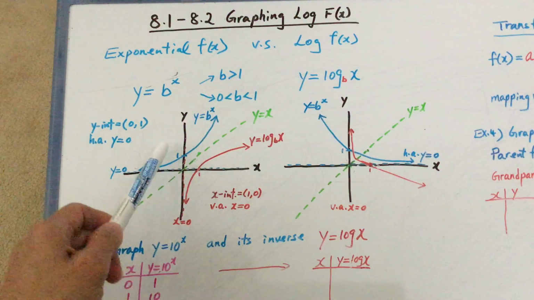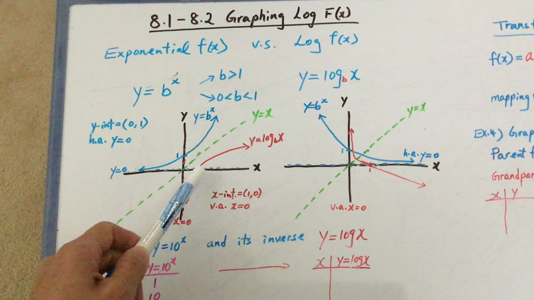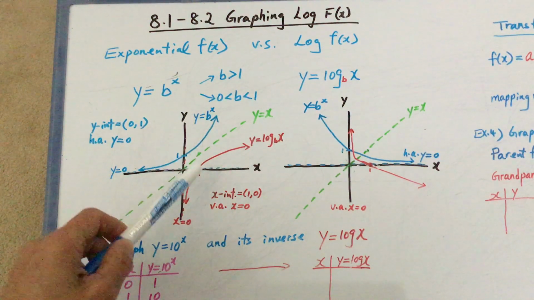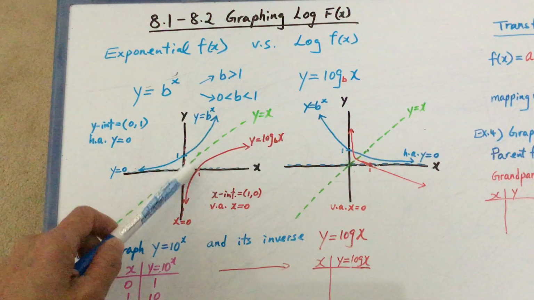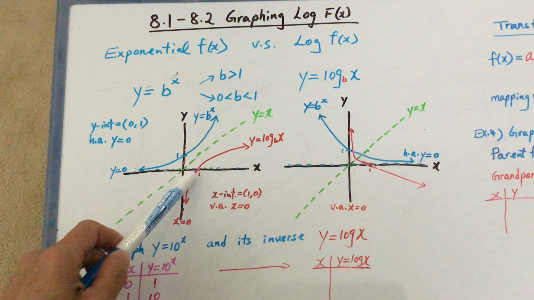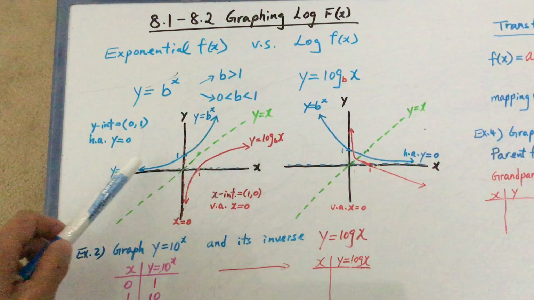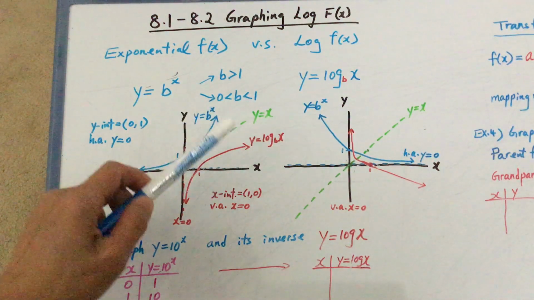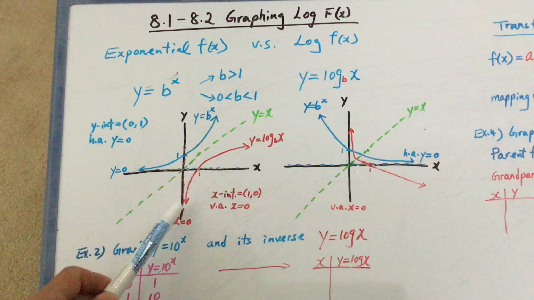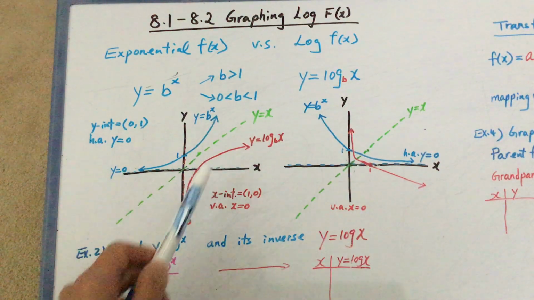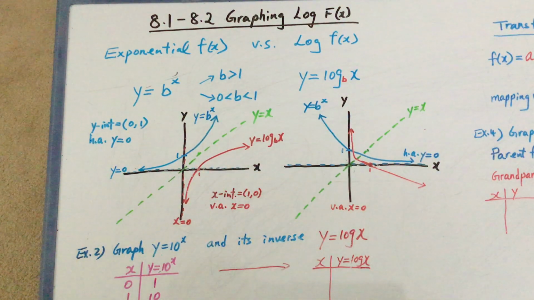So instead of having (0, 1), now I have (1, 0) down here. So these two points are the reflections of each other, and so does every single point that's on here. Every single point here gets reflected across this line, and that's how you will see this log function over here.